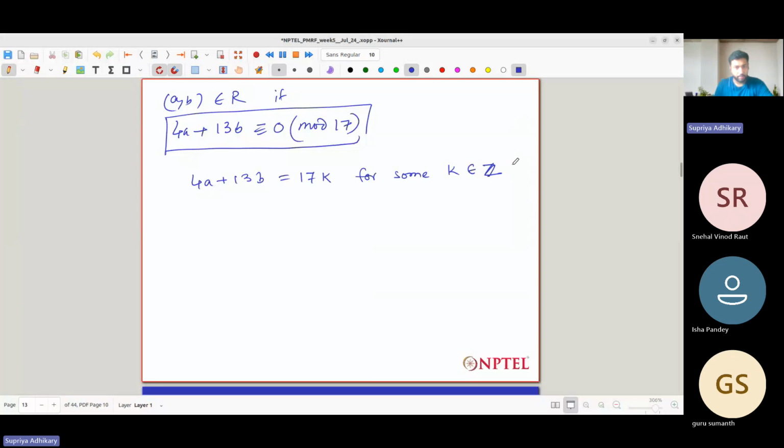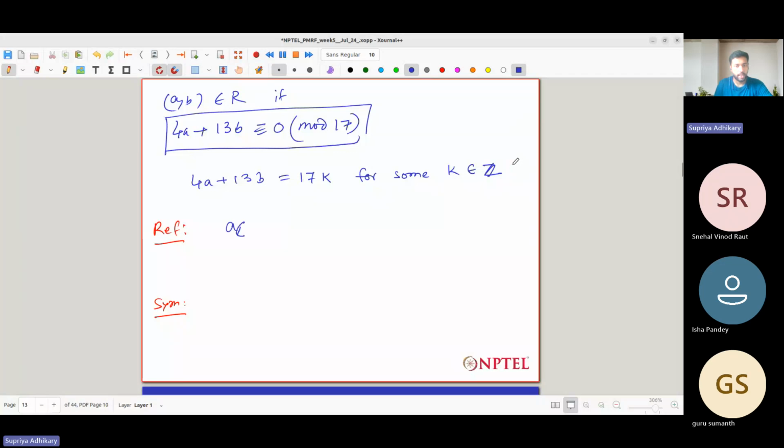Now we have to prove that this R is an equivalence relation. For proving that, we have to prove the reflexive property, the symmetric property, and the transitive property. So first we prove the reflexive property.